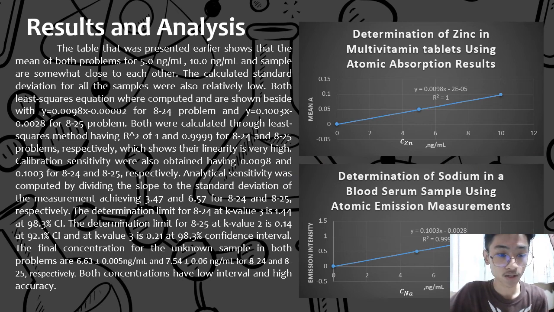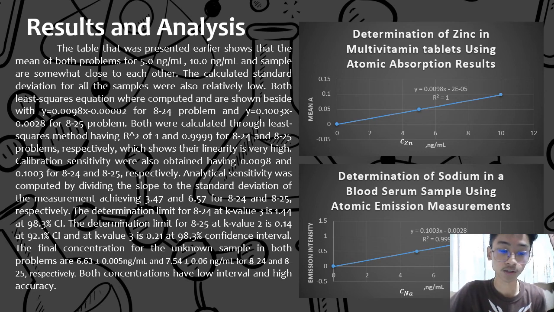The calibration sensitivity was also obtained, having 0.0098 and 0.1003 for the first problem and second problem respectively. Analytical sensitivity was computed by dividing the slope by the standard deviation of the measurement, achieving 3.47 and 6.57 for the first problem and second problem respectively.